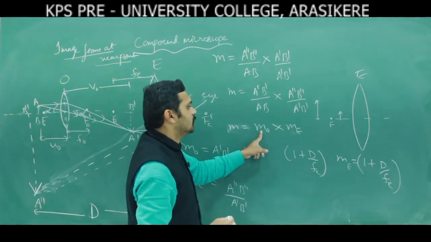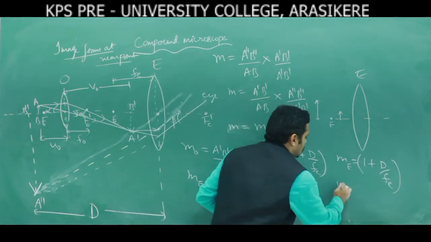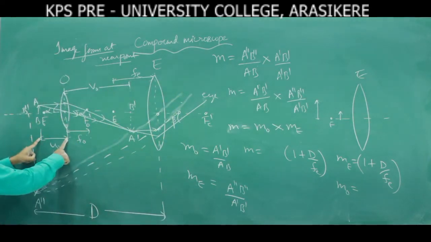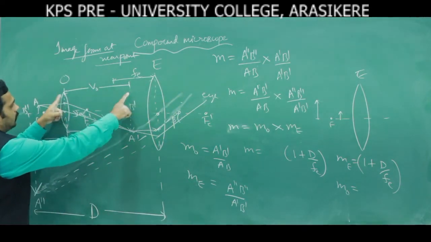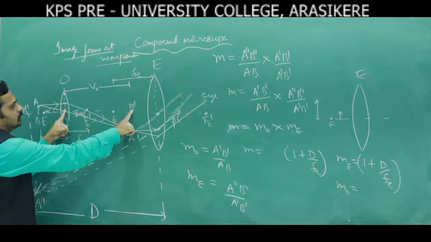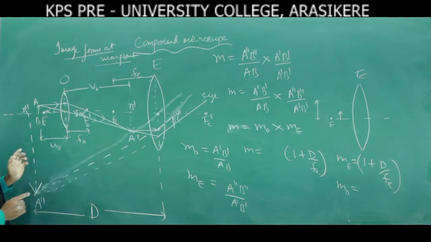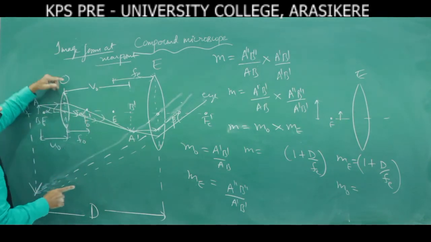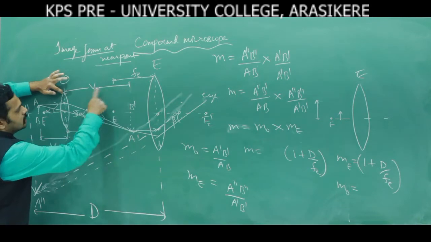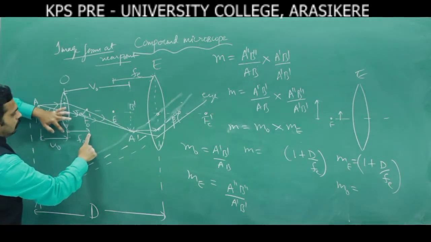What is the magnification produced by the objective lens? M naught is equal to, we know that this is u naught, this is v naught. This is the object distance of the objective lens, this is the image distance of the objective lens. Here the image distance is large compared to the focal length.